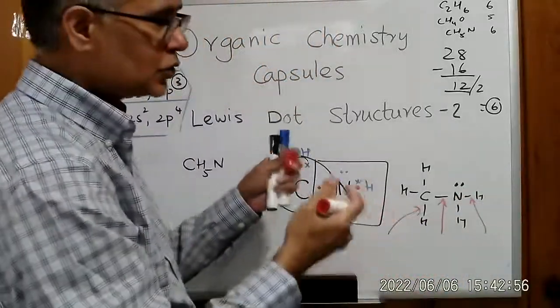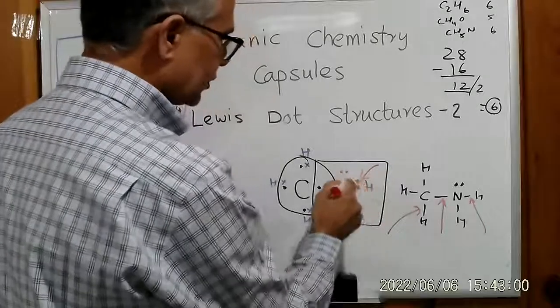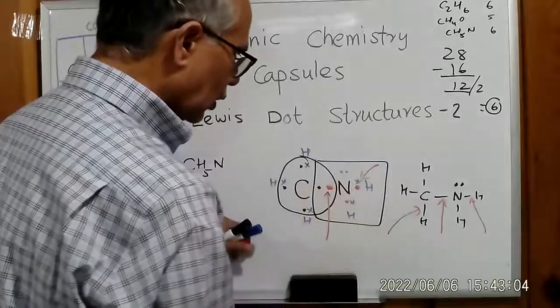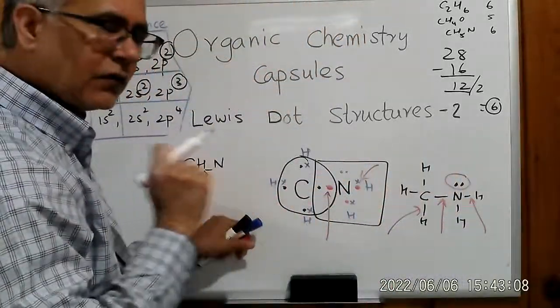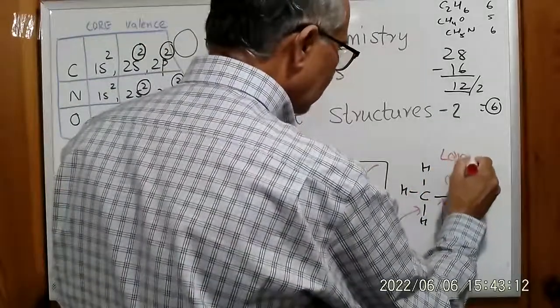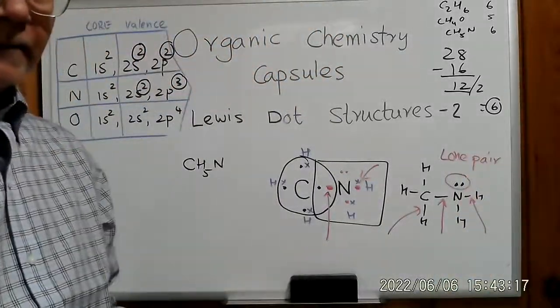Those 2 electrons are involved in making bonds. These 2 electrons are involved in making a bond. But these electrons here are not involved in a bond. They are called the lone pair, the lone pair of electrons.